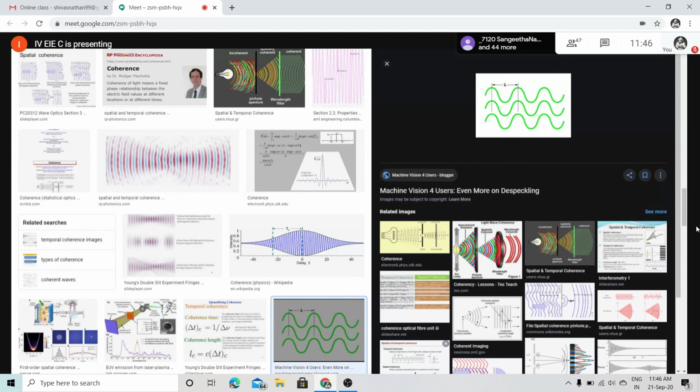In more detail, for temporal coherence we talk about different time intervals for a single wavefront, and in spatial coherence we talk about multiple wavefronts but for a single time interval. So you can find the difference now. If I take a single wavefront and compare the phase difference at different time intervals, we call that temporal coherence.